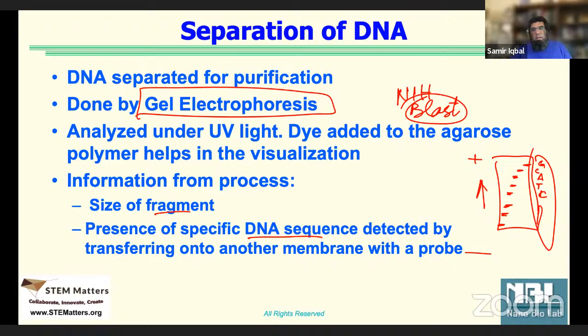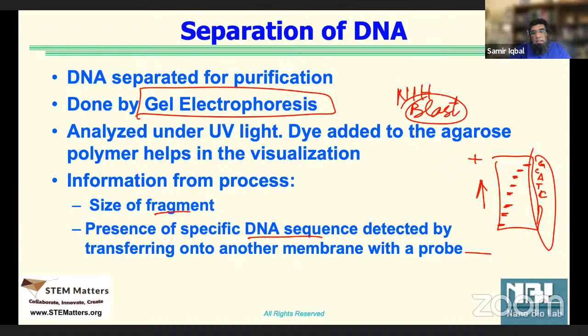Agarose gel, which is written here, is an agarose polymer. We introduce the molecule in that gel and we apply voltage across. That results in DNA starting to travel under the field. The longer sequence will travel further, the shorter sequence will travel less because it has smaller charge.